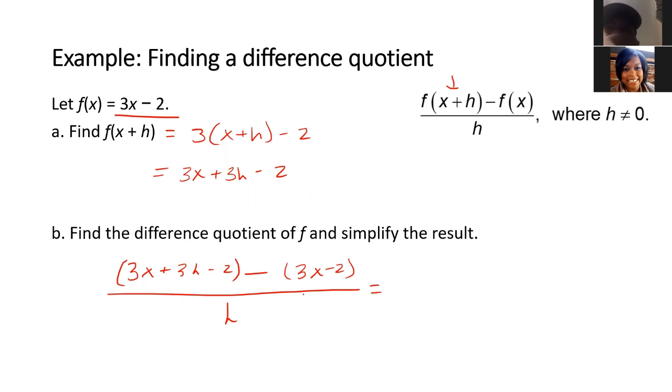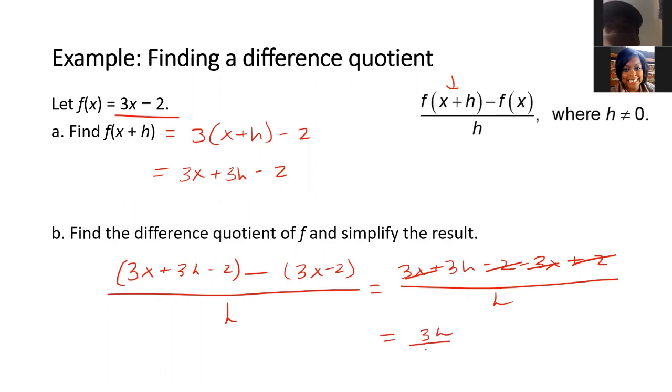I'm just going to simplify and clean this up. So I have 3x plus 3h minus 2 minus 3x plus 2, all over h. 3x minus 3x cancels out, -2 plus 2 cancels out, and I'm left with 3h divided by h. My h's cancel out, and I'm left with 3.